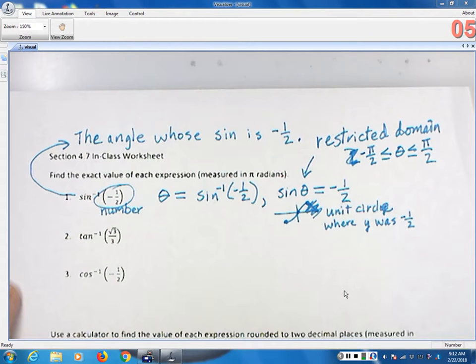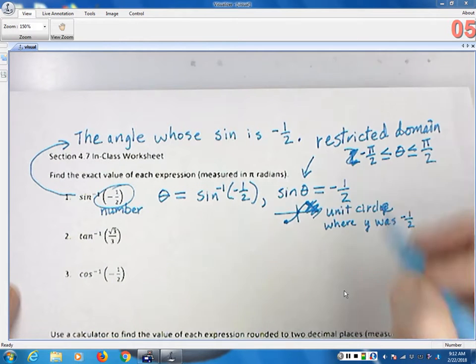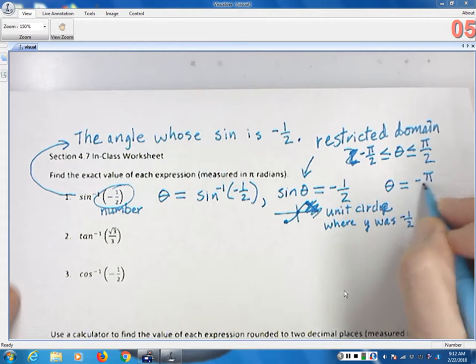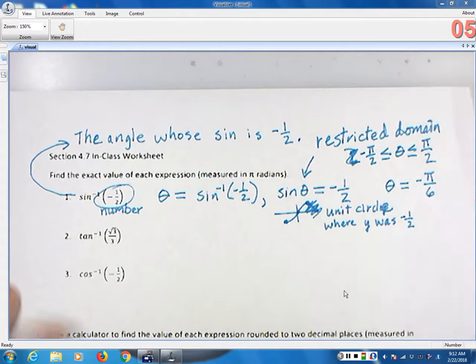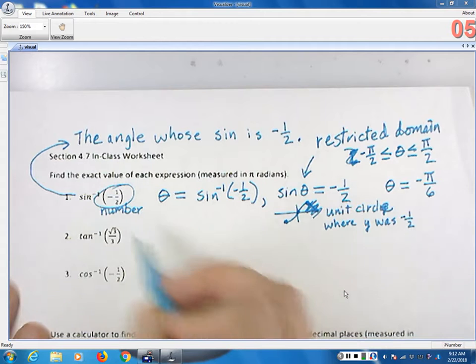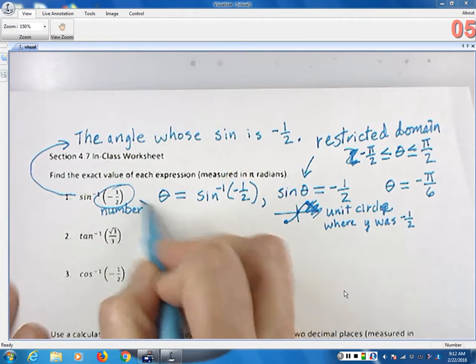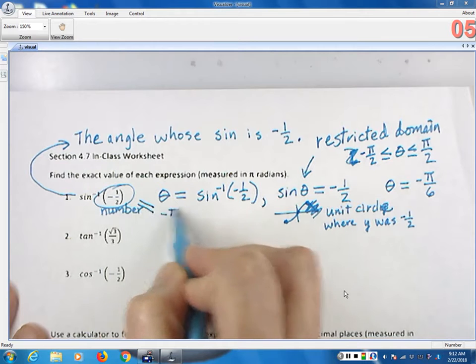We had to use negative pi over 6. So theta equals negative pi over 6, and that's our answer. The inverse sine of negative 1/2 equals negative pi over 6.